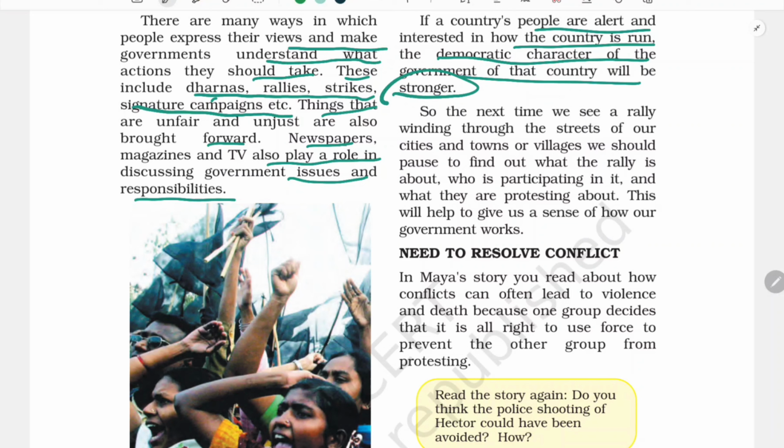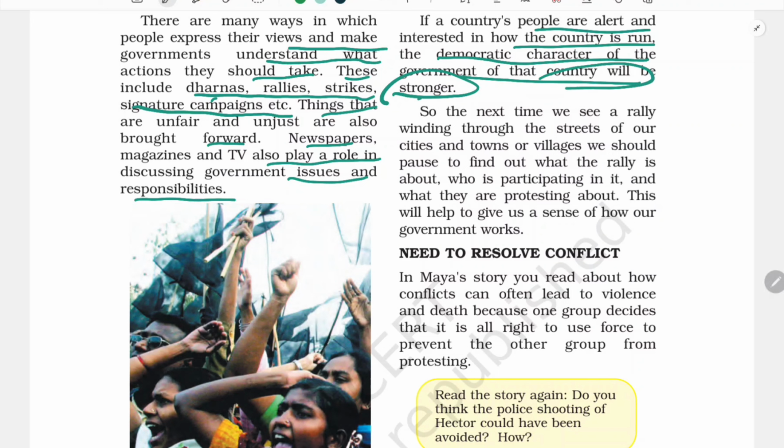If the citizens are alert, if they are well informed, like what the government is doing, what is the current law that has been adopted by the government, what are the other things that the government is working on, then only that country will grow stronger, because in such a country the government will also be very alert, isn't it? As they know the citizens are very alert, the government will also be alert, then they will be working only for the betterment of the country and the people, and that will make the country very strong.